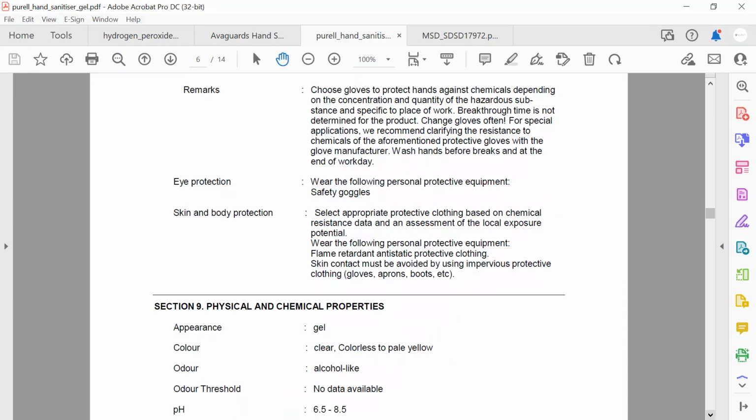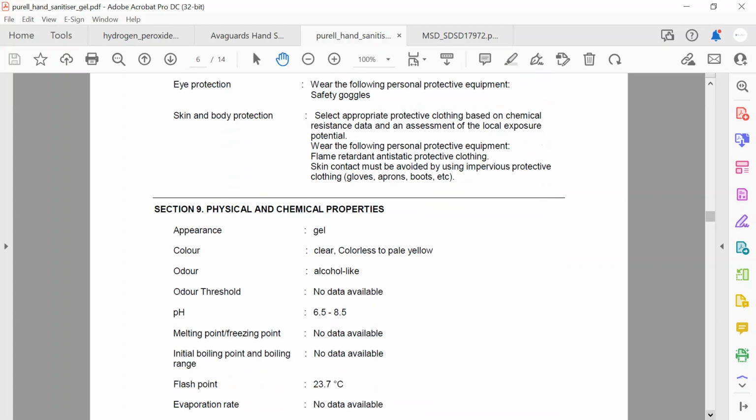So sometimes it is a little counterintuitive, what this SDS sheet says and what it's used for. So the CDC does tell us hand washing is better than using the sanitizer. However, perhaps we need to look at a different hand sanitizer versus Purell, since the SDS sheet says we should be wearing personal protective equipment, including gloves, with it.